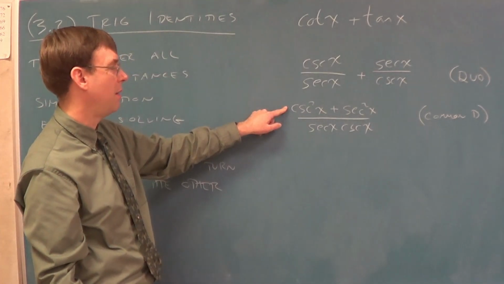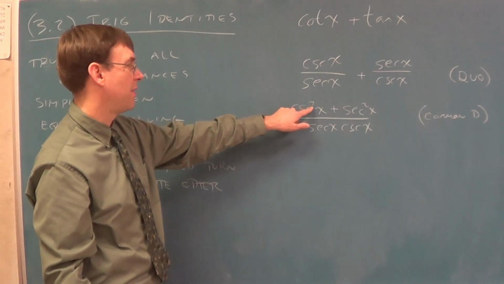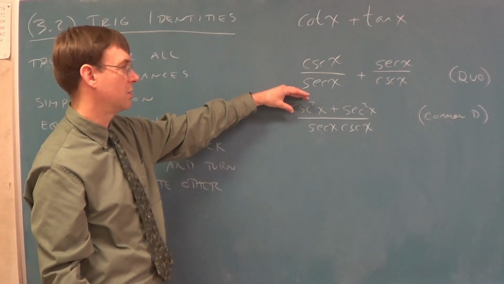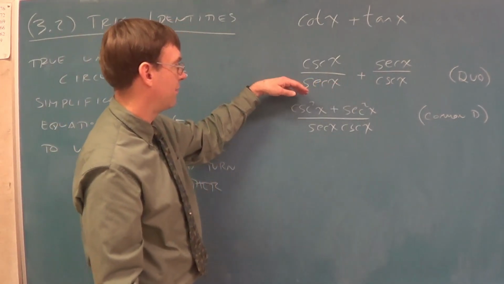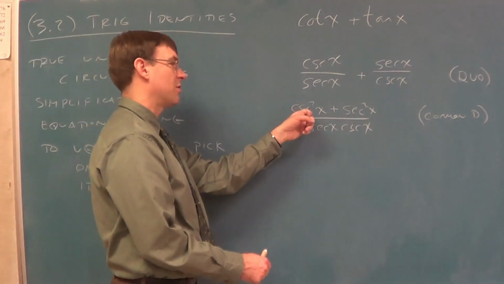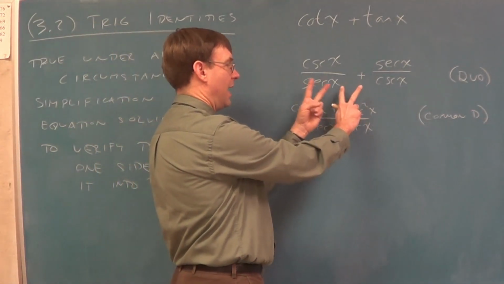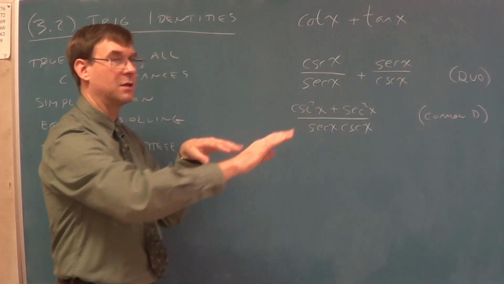I'm seeing squares, I'm thinking Pythagorean, but my issue is, there's one Pythagorean that has cosecant squared in it, but it doesn't also have secant squared in it. And the one that has secant squared in it doesn't have cosecant squared in it. So I'd be trading one item for two, another item for two. I'd have 4 items on the top, and I feel like we're going in a direction where it's going to get worse.